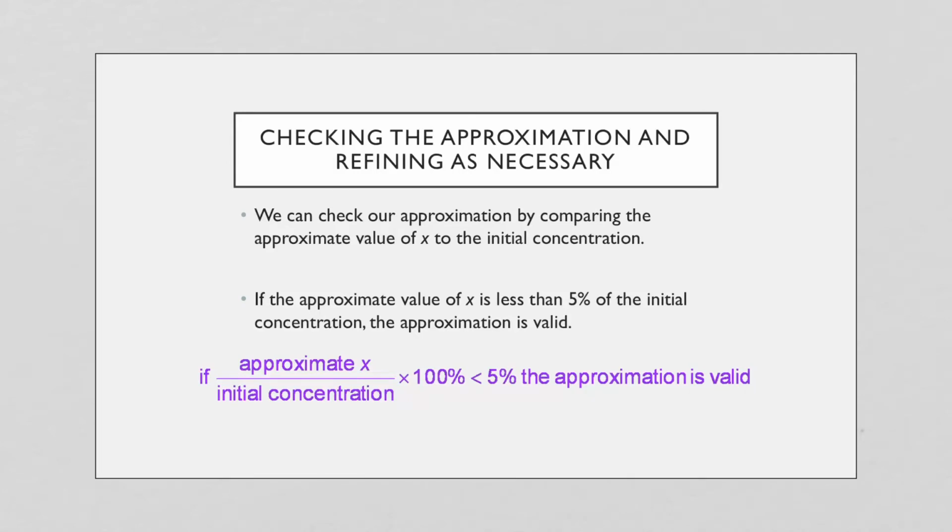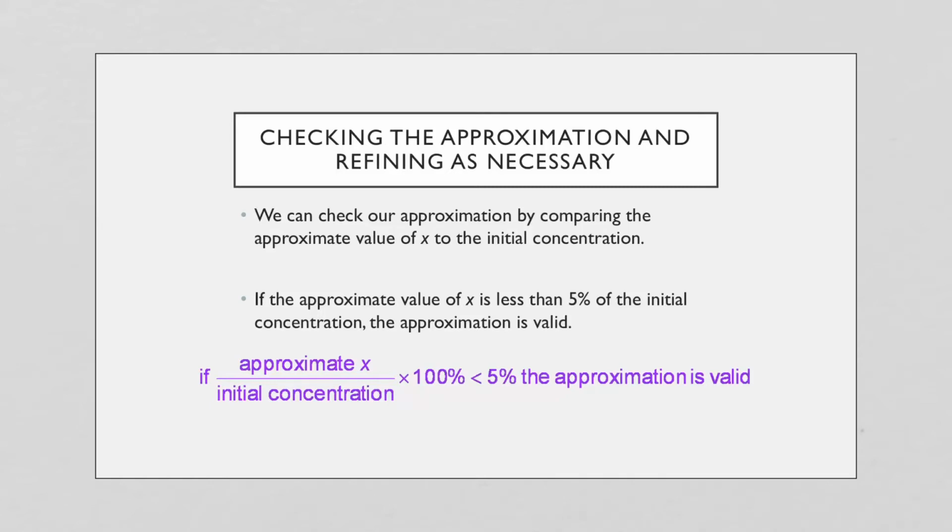Now, just like with any approximation, we'd like to check to make sure it's a good approximation. So once we solve through the problem using our approximation, because that'll simplify the math, then we can go back and check to see whether we introduce too much error by making that approximation.